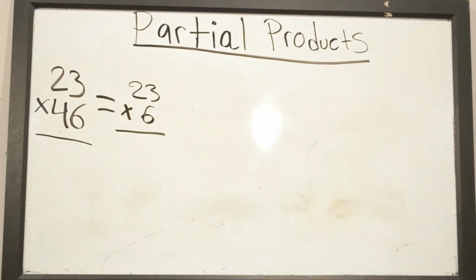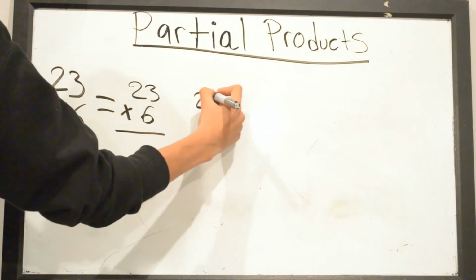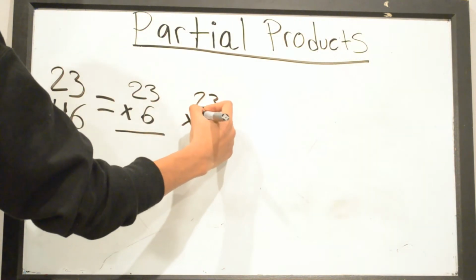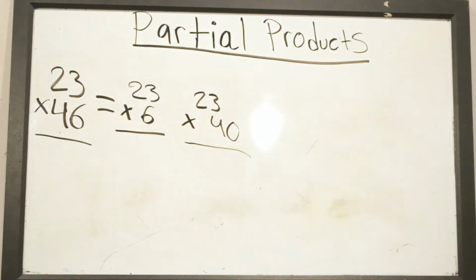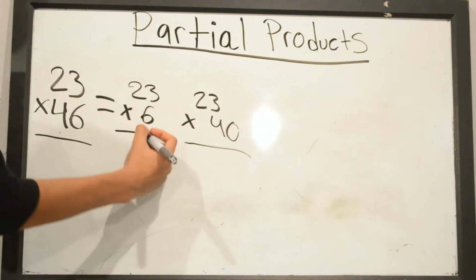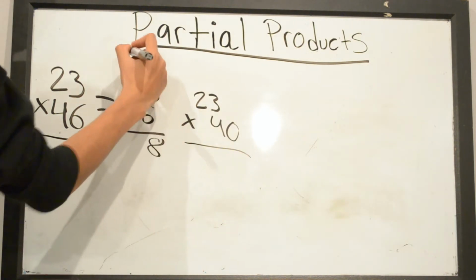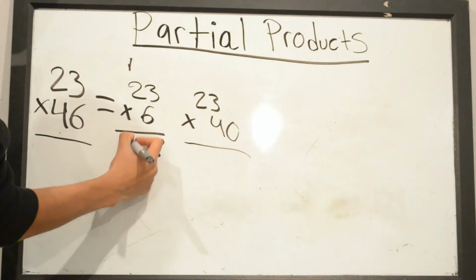For our second step, we multiply 23 times 40. So the reason why we're going to multiply 23 times 40 is because the 4 is in the tens place. So now we multiply 6 times 3 is 18. Bring the 1 up. 6 times 2 is 12. Plus 1, 13.